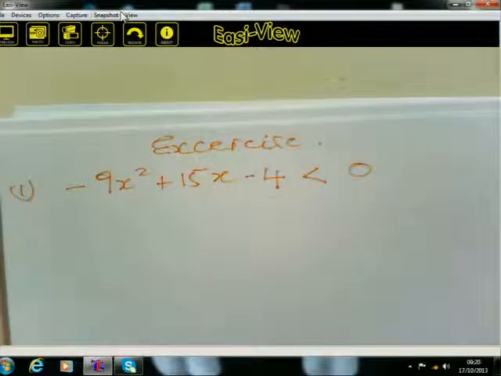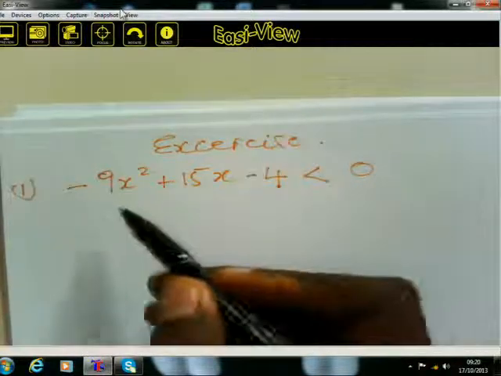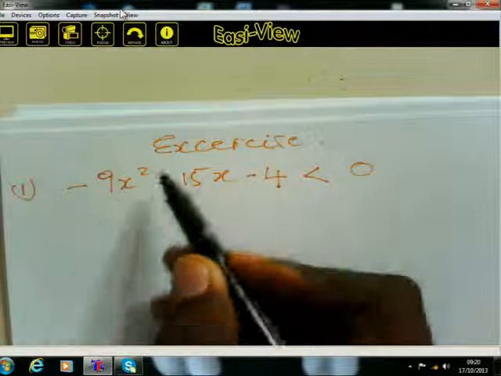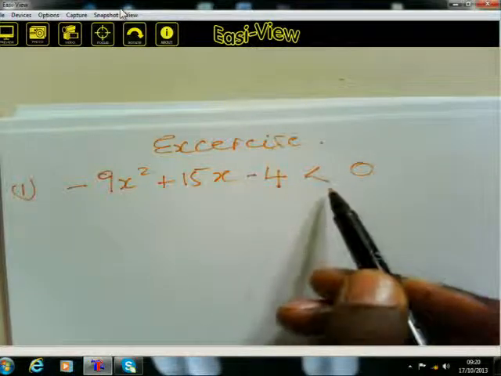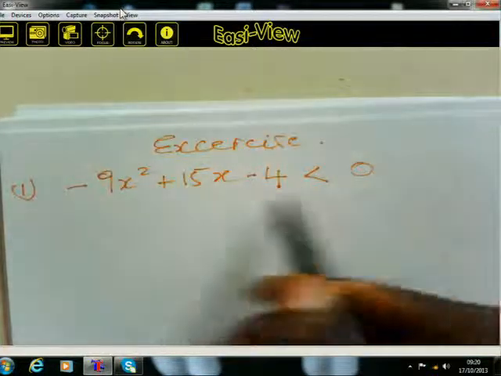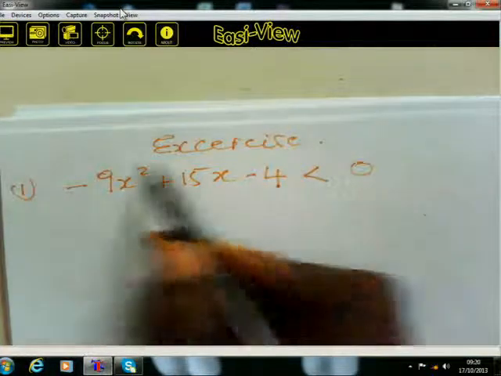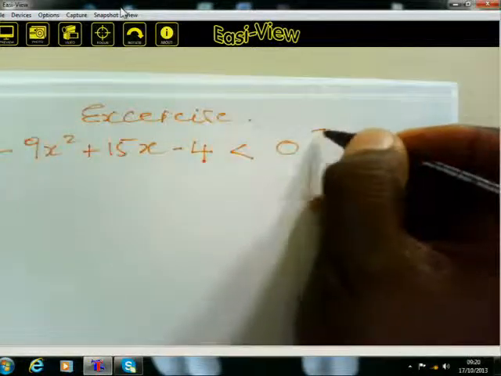Good folks, let's go to our exercise. We have minus 9x squared plus 15x minus 4, which is less than 0. Now, this, as it is, as I said, is an inequality.